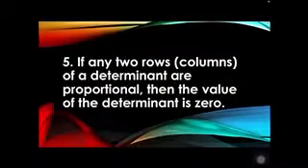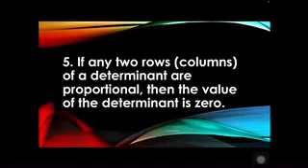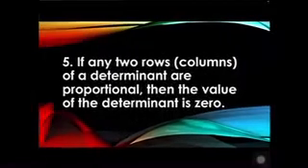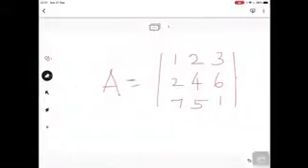The fifth one: if any two rows or columns of a determinant are proportional, then the value of the determinant is 0. Let's take this matrix A. The first row is 1, 2, 3, the second row is 2, 4, 6, and the third row is 7, 5, 1.